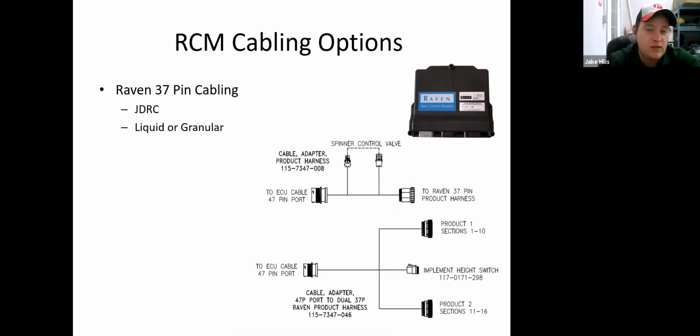And then the nice part is, for example, if you're using John Deere cabling, we have the adapters. So say you weren't planning on keeping that implement or that machine for the rest of its life, and you wanted to keep that RCM that is controlling your product. We've had a customer do this with a sprayer: he sold the sprayer, he kept the controller.